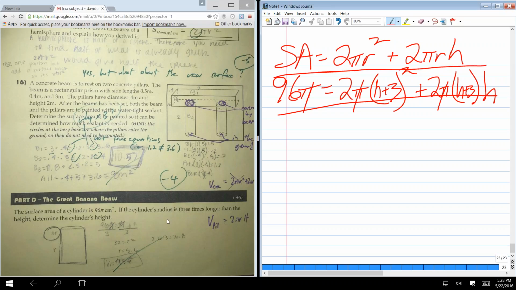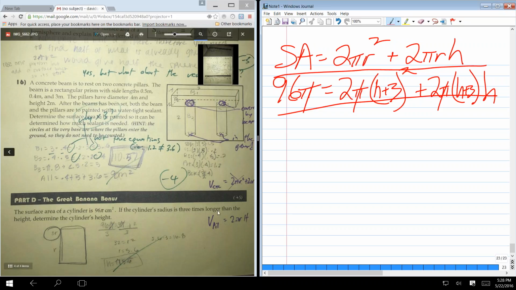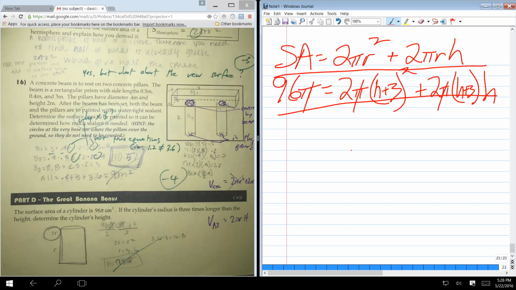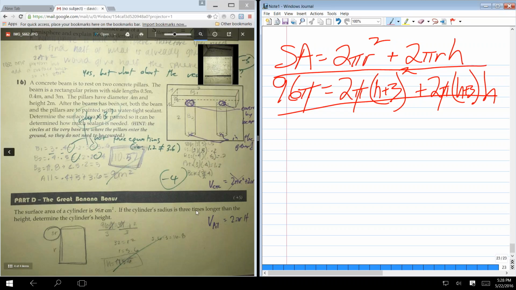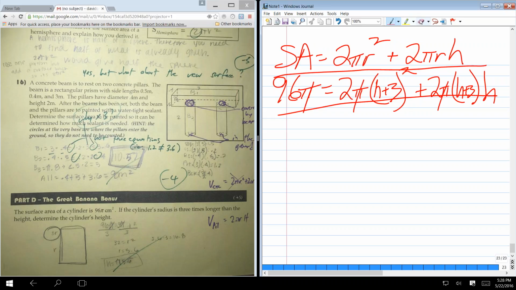I forgot to look at the word times. I thought it said the radius is 3 longer than the height, which would have made it h plus 3. But when you include the word times in there, then it's a multiplier. So instead of h plus 3, this should be 3h in both spots. That actually makes the math quite a bit easier anyway.